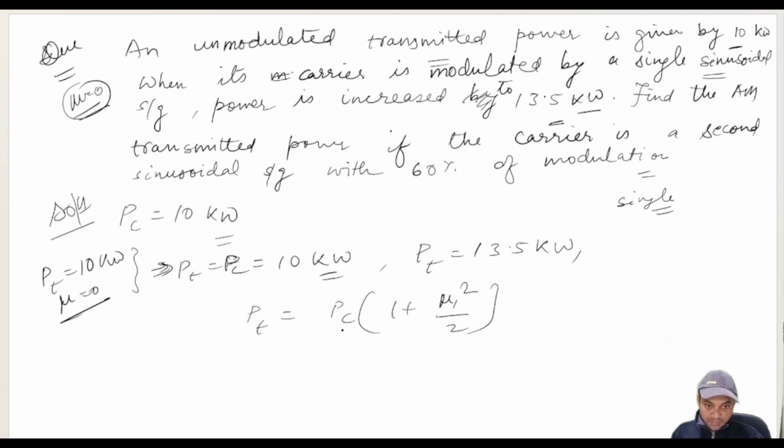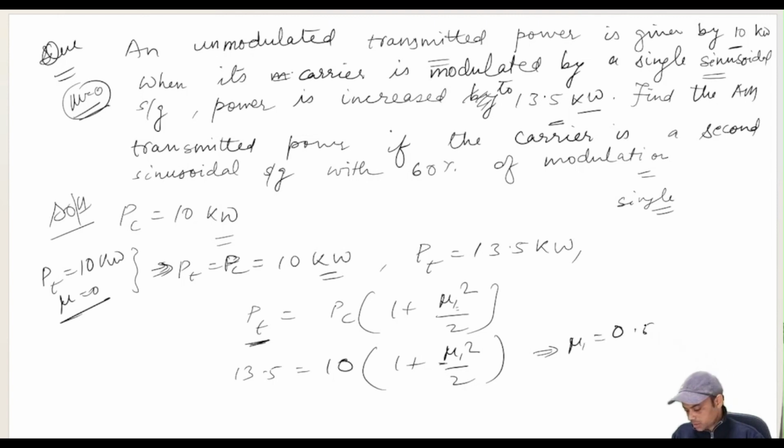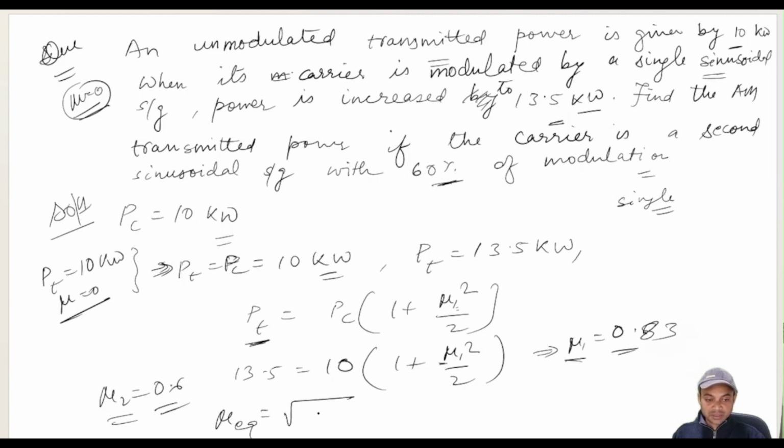Then here we can calculate mu 1 because PT is 13.5. This is 10 into 1 plus mu 1 square by 2, a single unknown value. From this equation we can calculate mu 1, which is 0.83 actually. Now mu 2 is given as 0.6, 60% of modulation. Then mu equivalent we can calculate as the square root of 0.83 square plus 0.6 square.